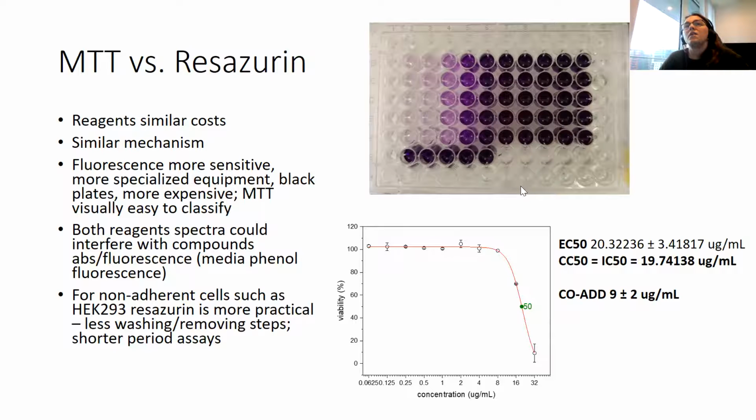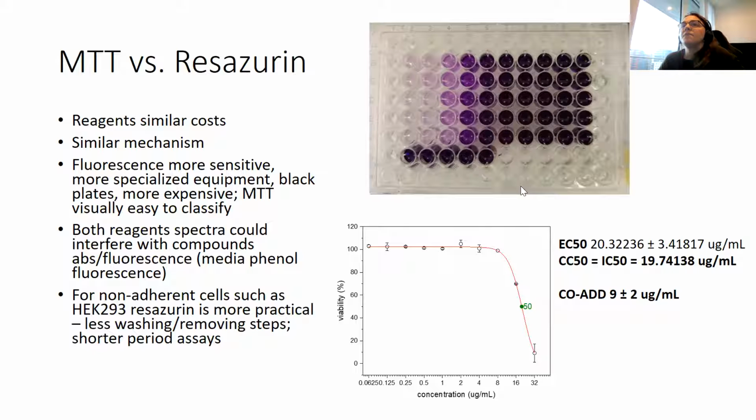And the way we did it is via the MTT assay, which gives you a colorful compound which you can measure the absorbance of, and you can associate that with viability. The reagent used by the COADD protocol is resazurin, which in turn is a fluorescent reagent.